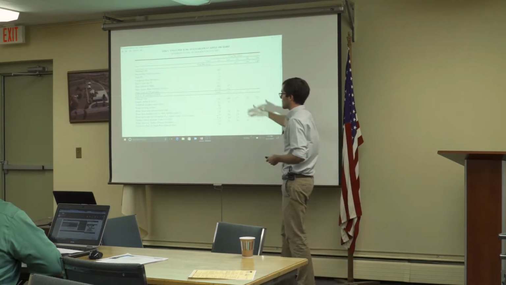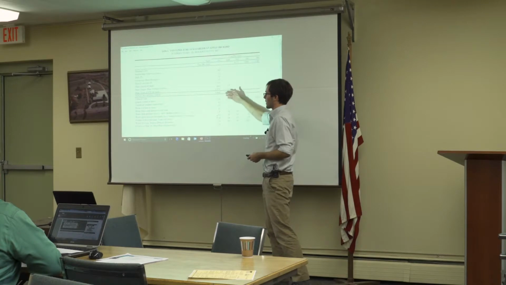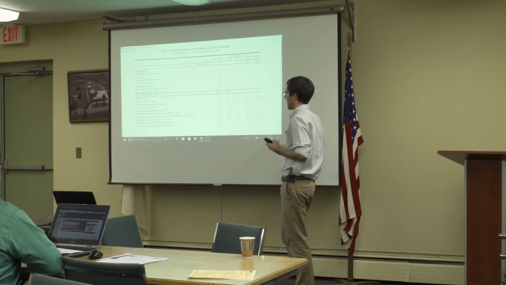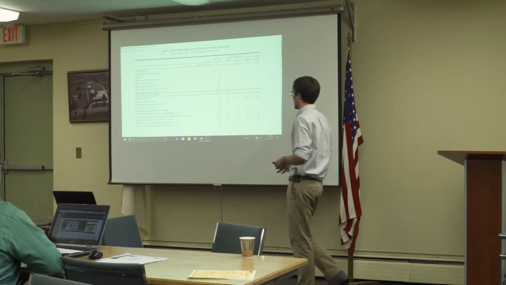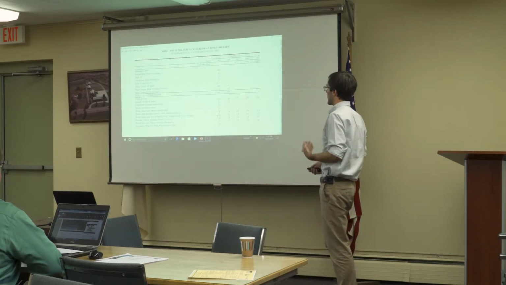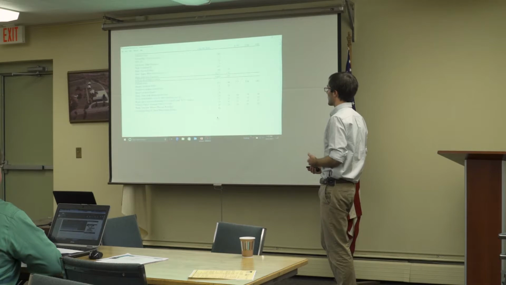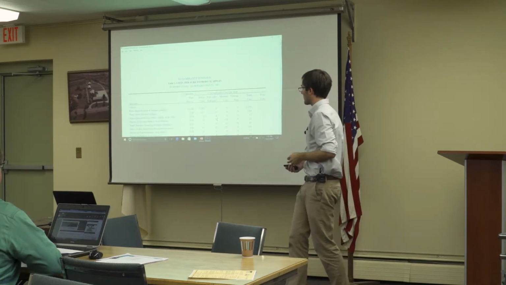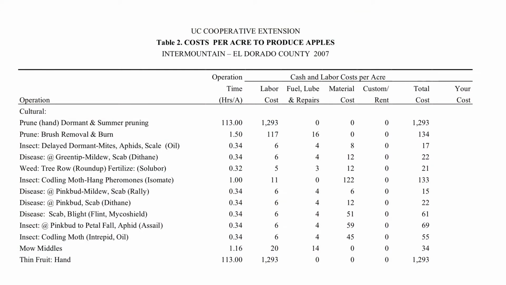And so they break down costs into probably hundreds of different categories, from disking the soil, planting cover crops, planting trees, irrigation, pruning, et cetera. And they break it down by year. They also break it down by type of labor cost, type of input cost, including labor, fuel, materials, a number of hours it'll take for various tasks in the operation.